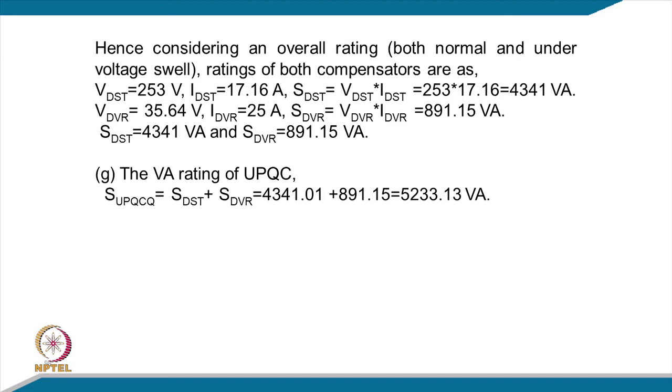So the S D-STATCOM becomes typically 4314, and V DVR is 35.64 voltage rating, I DVR 25 ampere. So it becomes 890.15, and so your D-STATCOM rating is 4341 and DVR rating 891. So the total rating of the UPQC is the sum of both. So it becomes 5233.13 VA.